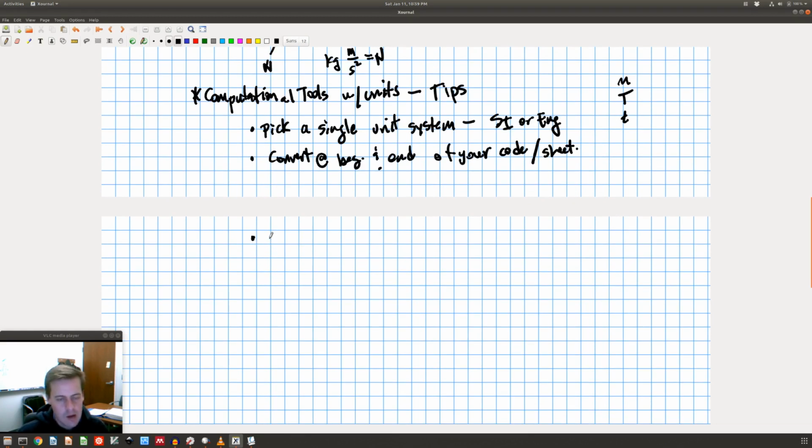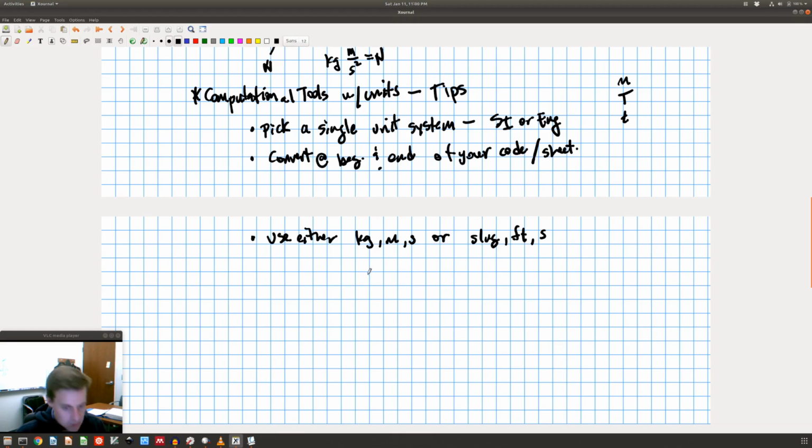The third tip is use either kilograms, meters, and seconds, or slugs, feet, and seconds in your calculations.